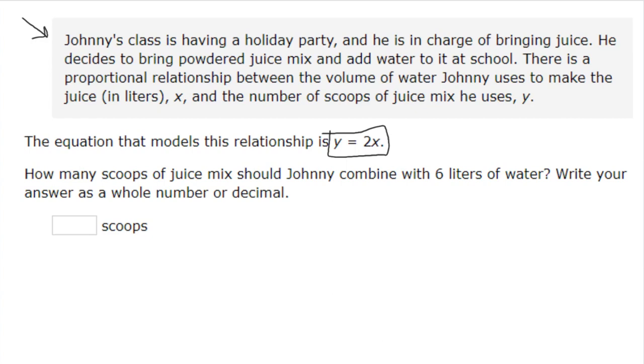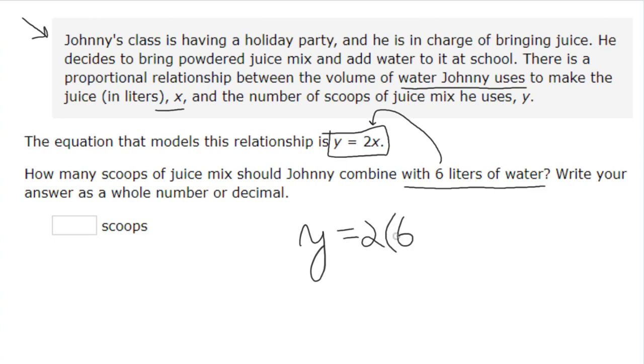Well, before we figured out that the water in this particular scenario is known as X. So if we're looking to combine 6 liters of water, if we have our equation Y equals 2X, in the value of X right there, we can go ahead and substitute the number 6.